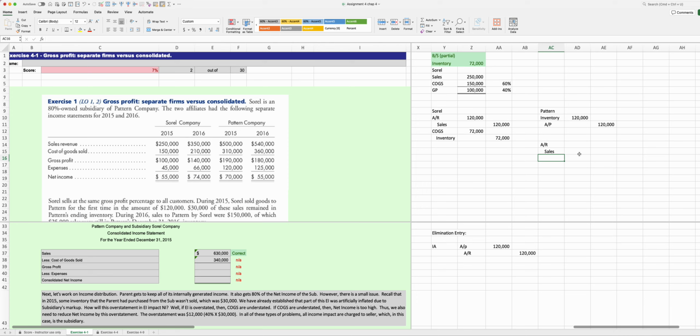They don't give us this number explicitly, but it's not relevant at this point because this is a valid entry and it should remain on the consolidated group because this is a sale that was made to outside, right? They have this inventory and we're going to assume they sold it to outside of the affiliated group, and so all of this needs to be intact and it needs to make its way to the consolidated statements. So we actually don't really even care what that is.